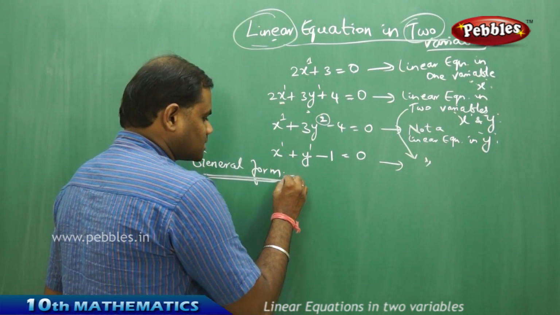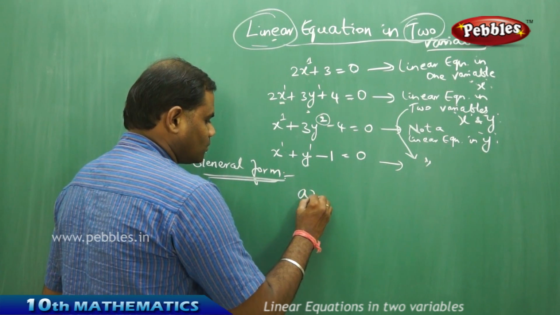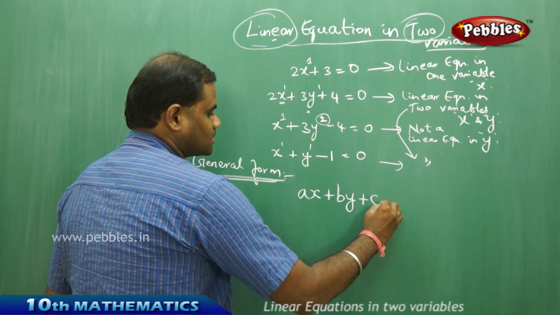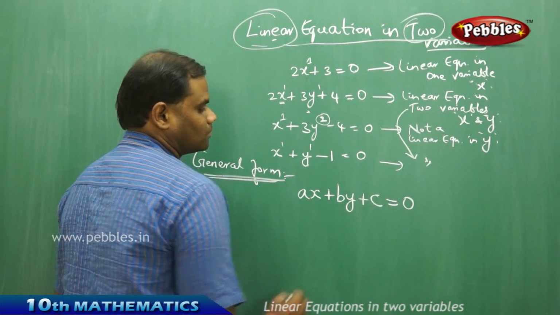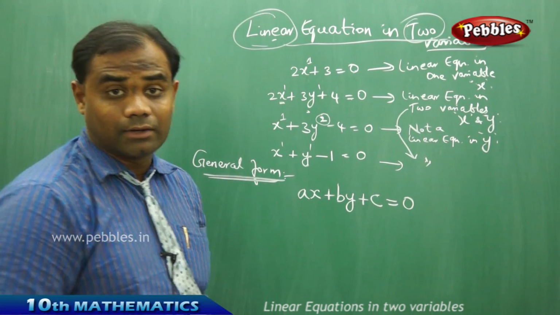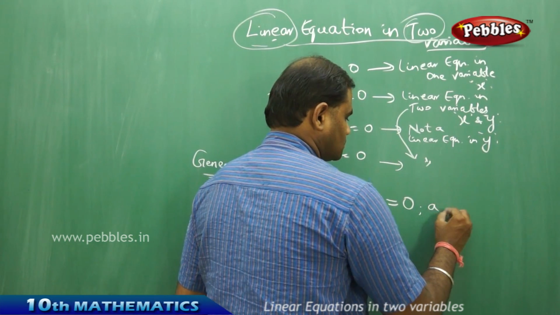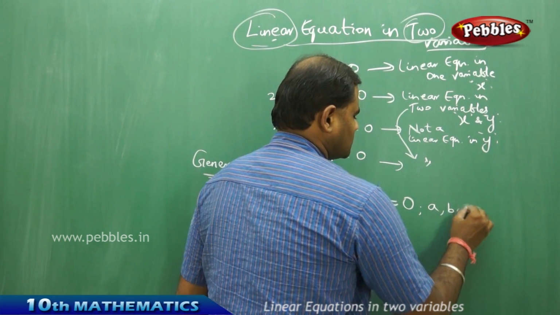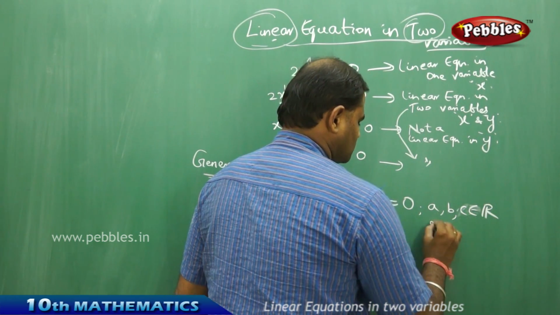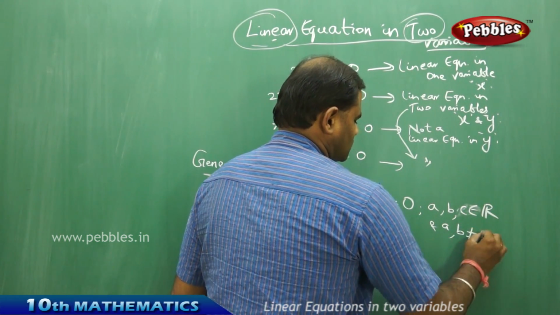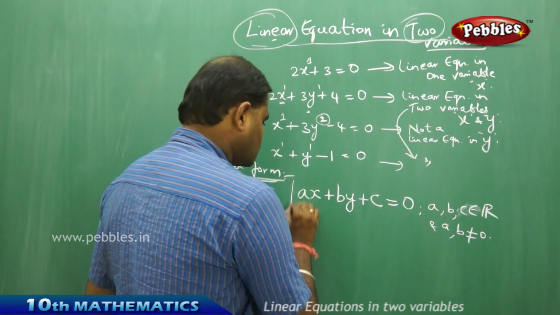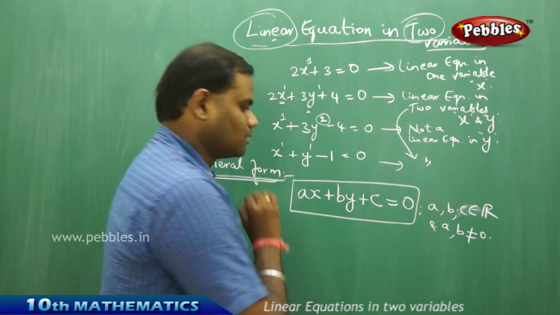So the general form says that a linear equation is always denoted in the form ax plus by plus c equal to 0, where a, b, c are real numbers, where a, b and c belong to R and a, b are not both equal to 0, is called a linear equation in two variables x and y.